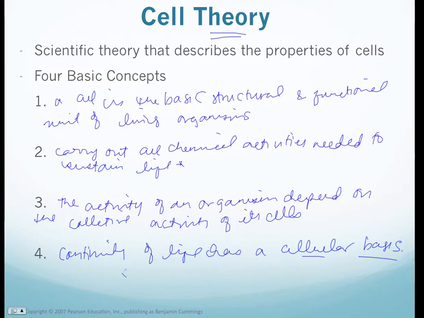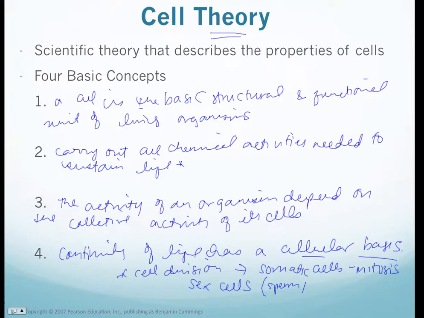Because of that, cells are really a product of cell division. Okay, somatic cells. These are your digestive, endocrine, all the cells within your body. These are going to undergo mitosis. And the exception to these somatic cells are your sex cells, so that ovum and that sperm that we saw. And these undergo meiosis. Okay.